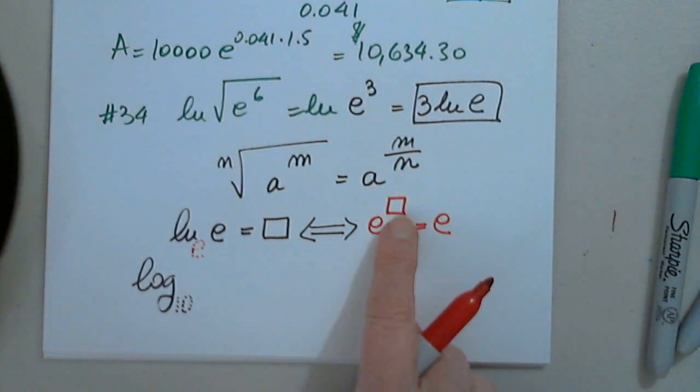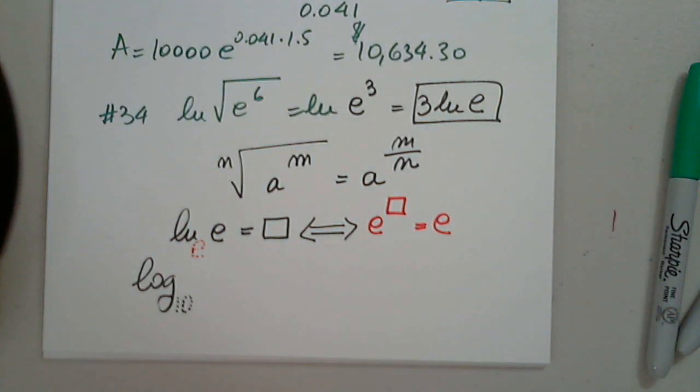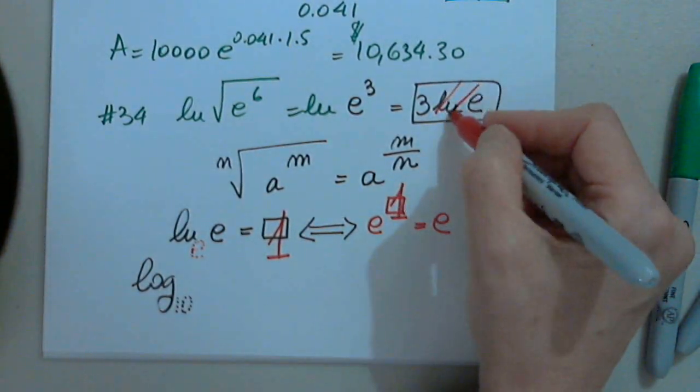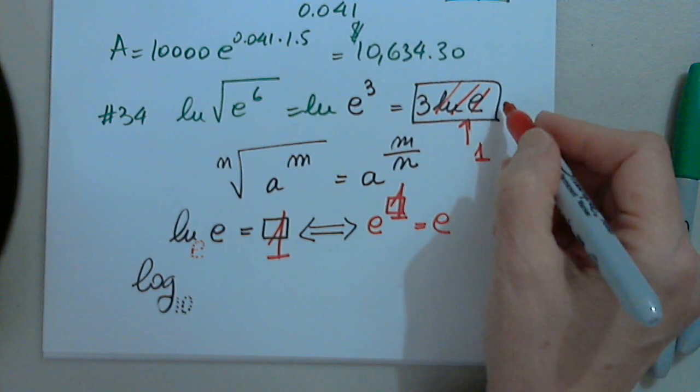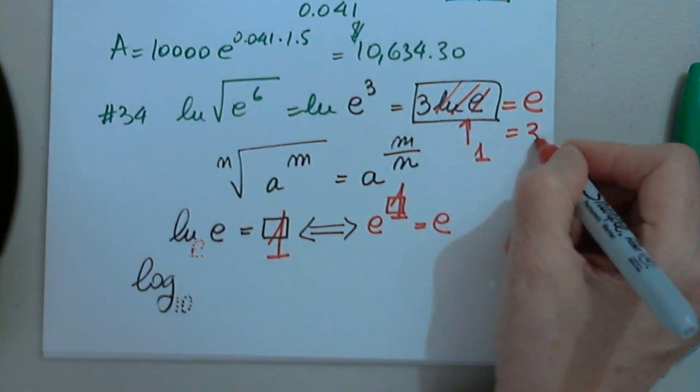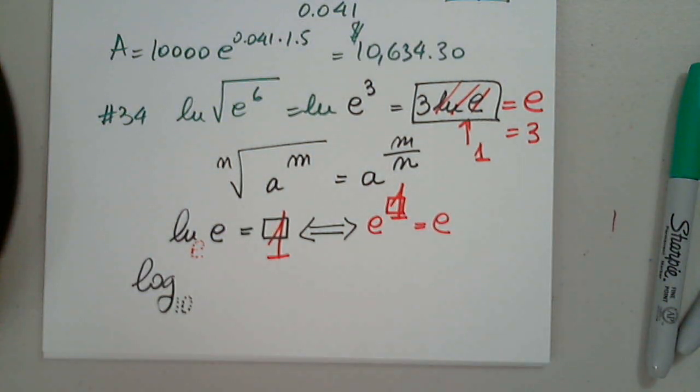What could this be? 1? I meant to write 3, of course, not E. Yes, please remember natural log E is 1.